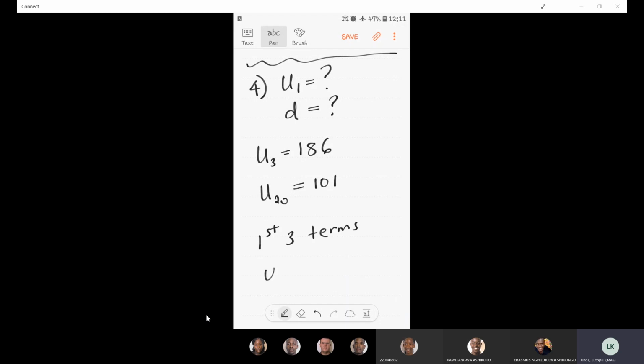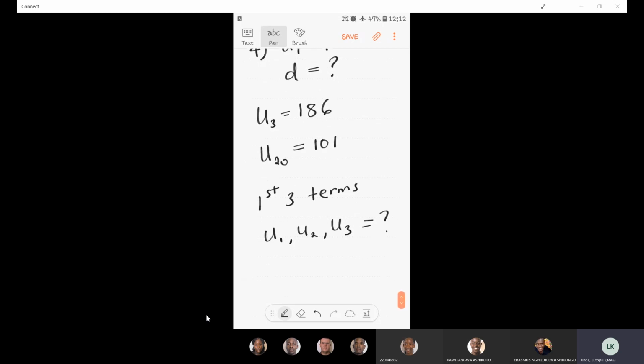So that means we want U1, U2, and U3. So this is what we are looking for. So all we are told is, I'm thinking of a sequence. I know the third term is 186, and I know the 20th one is 101. Can you tell me what the first term is? Can you tell me what the common difference is? And can you tell me what the first 3 terms in the sequence are?